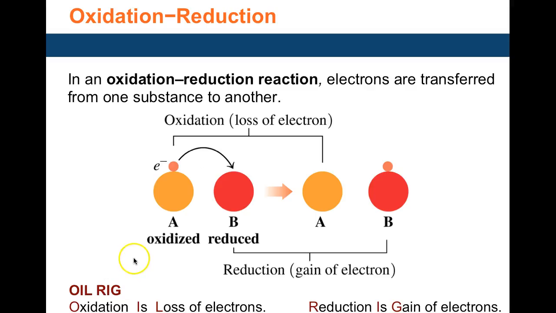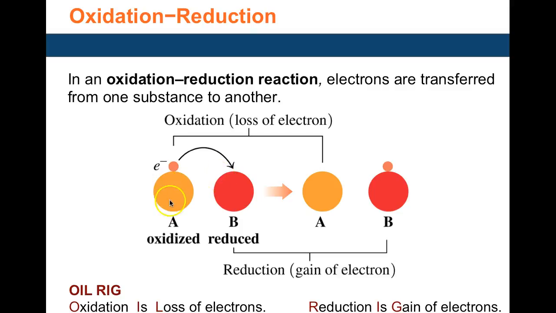All right, the best way to define an oxidation reduction reaction is using this mnemonic, OIL-RIG. Oxidation is loss of electrons and reduction is gain of electrons. So when electrons are lost, that means electrons are transferred from one reactant to another.